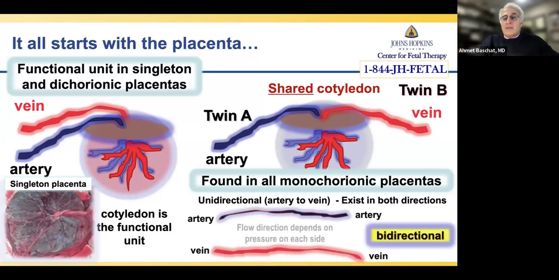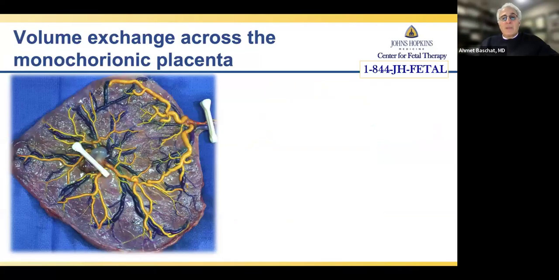In addition to that, there are also unidirectional and bidirectional anastomoses between arteries and arteries or veins and veins. The flow direction depends on the pressure on each side. So the normal monochorionic pregnancy has a set of unidirectional connections between the twins and bidirectional connections.